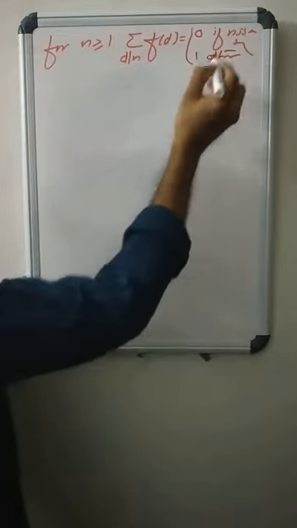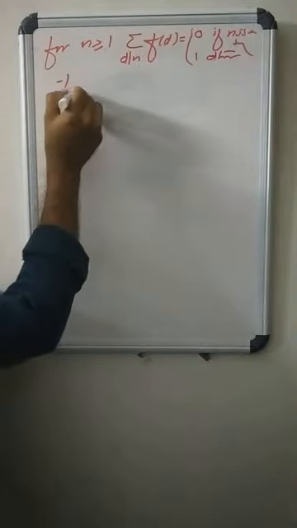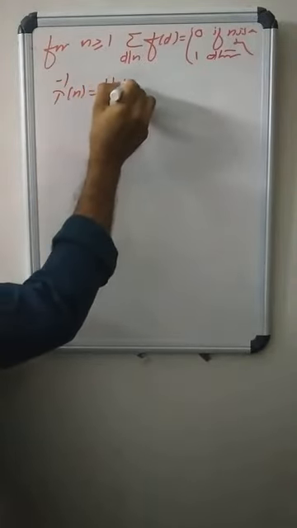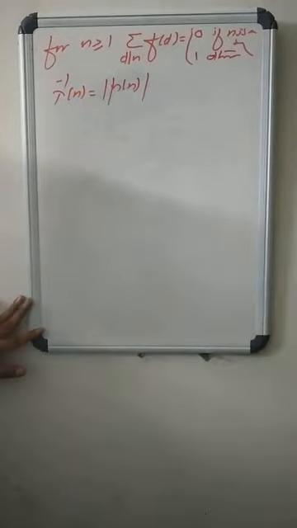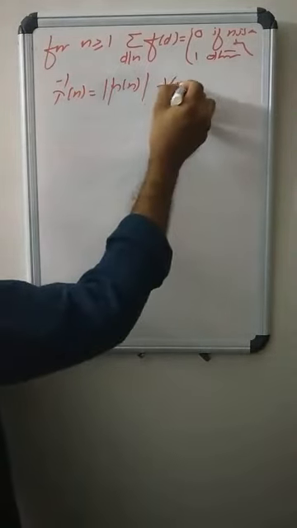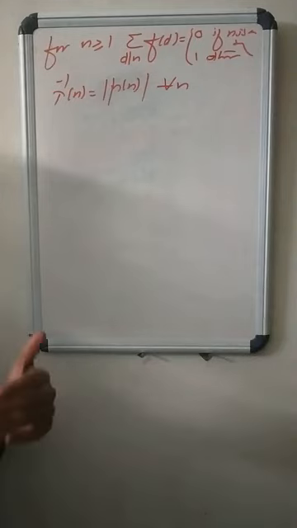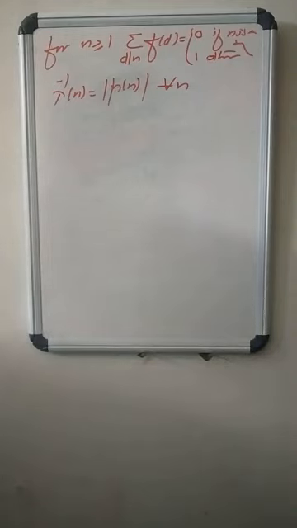Now also we prove that lambda inverse of n equals the modulus of mu of n for all n. Lambda inverse means the inverse of Liouville's function, and mu is the Mobius function. So the inverse of Liouville's function is expressed in terms of the Mobius function like this.